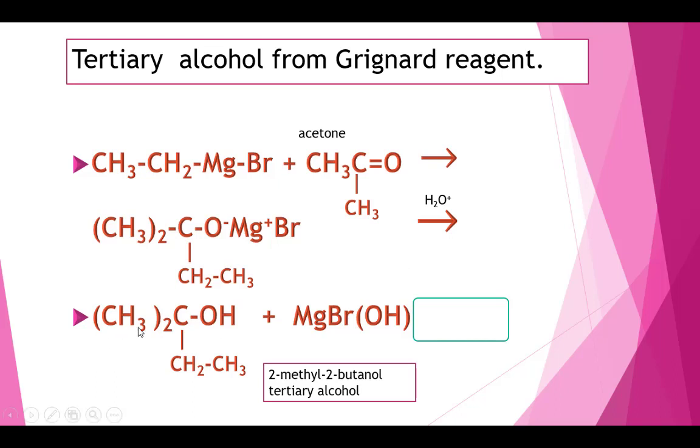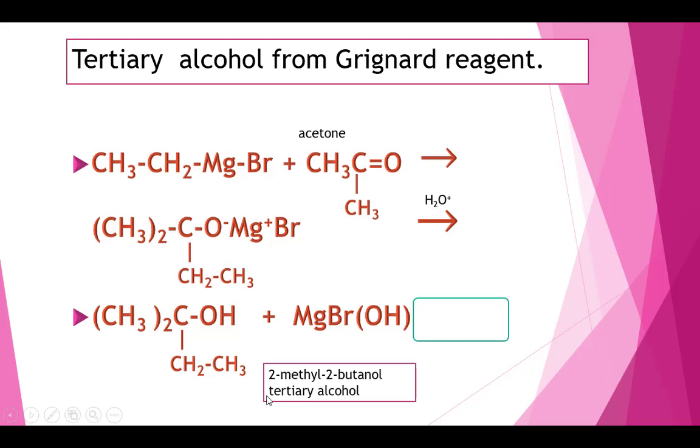Look at this, there are 1, 2, 3 and 4 carbon atoms. That's why it is butanol, and the hydroxyl group is attached on this carbon, so it is 2-butanol, and a methyl group is attached again with this carbon, so it is 2-methyl 2-butanol.